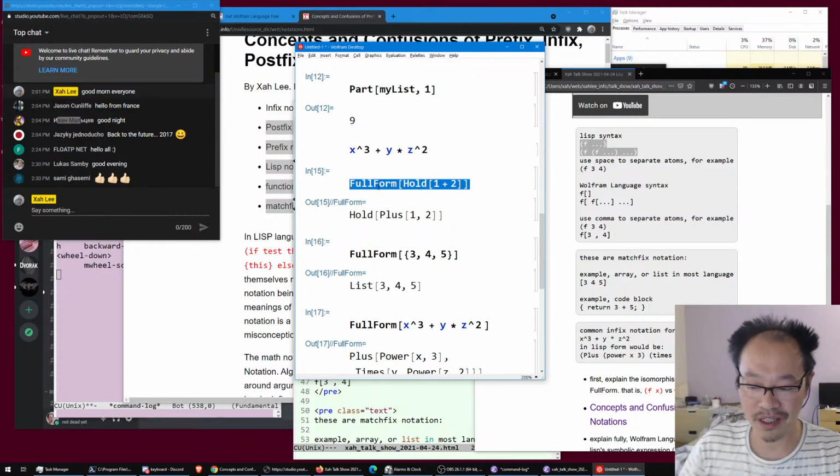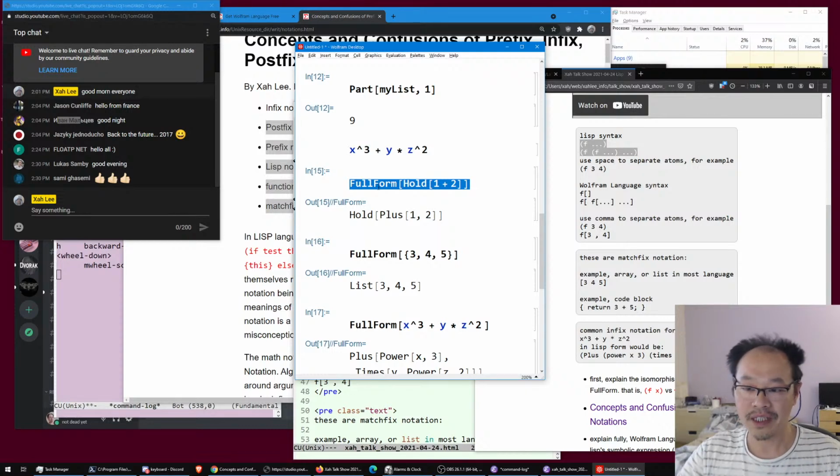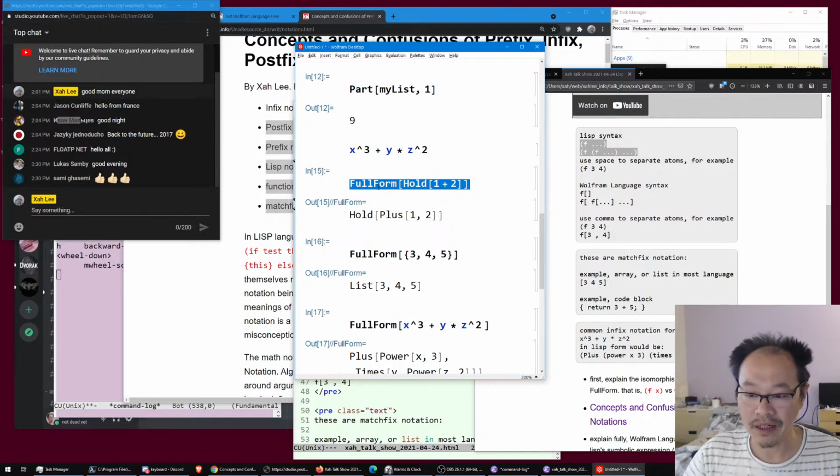Here's another interesting byway, a segue. This is about the jargons in computer science, the naming of things. If you are a language creator, there are many technical concepts in programming language design, right? For example, lambda, currying, arity of a function, tail recursion, and lots of these jargons.